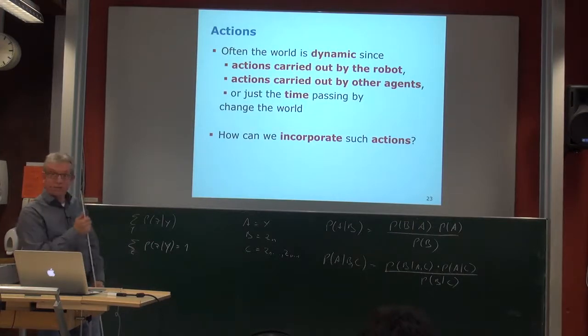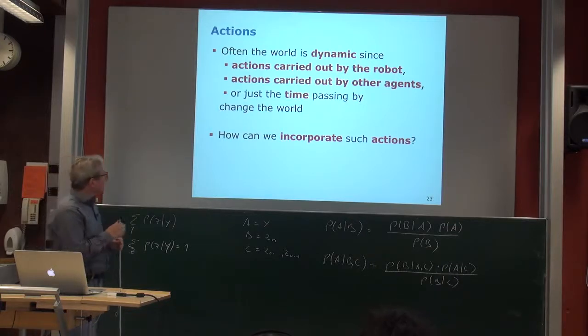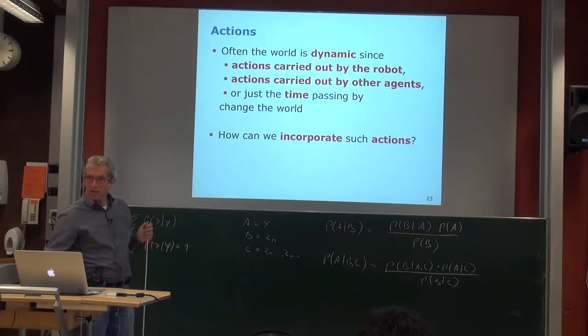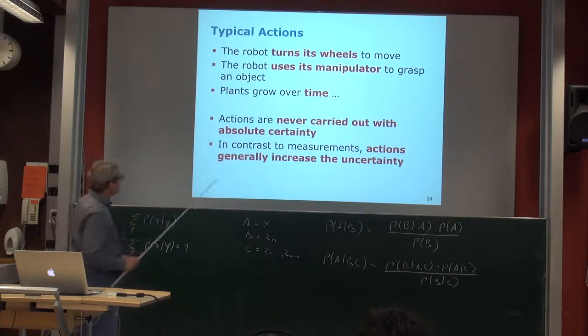At the end today, we also want to incorporate actions, and actions are needed because the robot might move, for example in position estimation, or it might even use its arm to open the door. The question is, how can we deal with that, if systems have actions to control them?